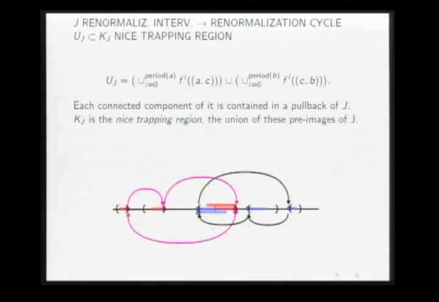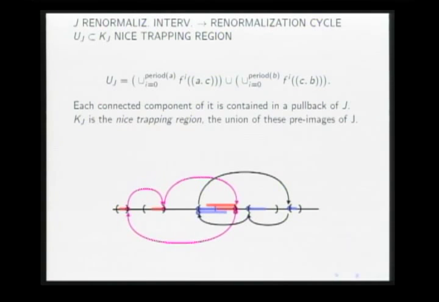So when you define the renormalization interval, like here, I will take this interval as being my renormalization interval, and you can iterate the interval. So this half will iterate together with a periodic object like here, and the other one to another periodic object like here.